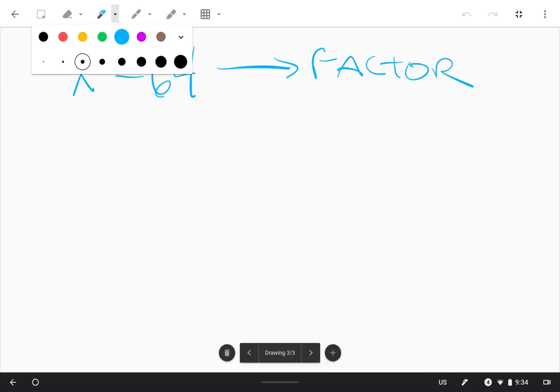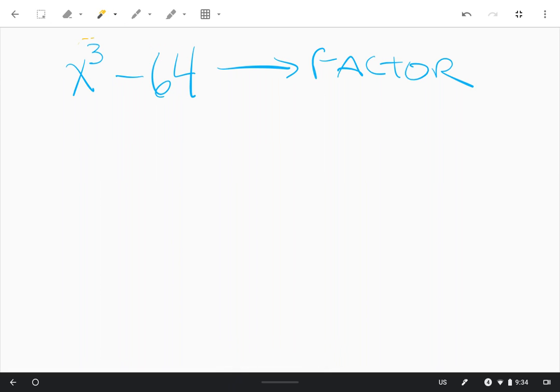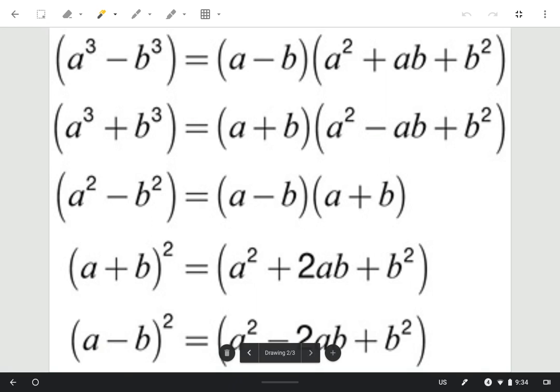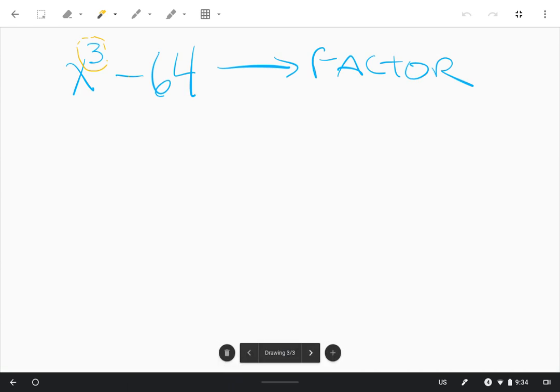The first thing you need to recognize is that because of this to the third and this minus sign here, we are dealing with this first option right here, because this is cubed and a subtraction sign. You might be asking yourself, why is there a 64 there and not some other thing cubed?